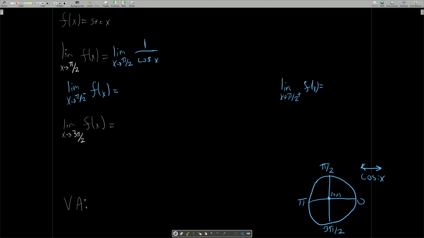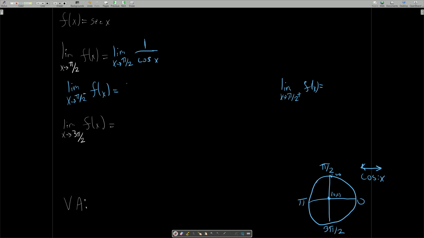So if you're approaching pi over 2 from the left, you'd have a number really close to here. This is 0 to pi over 2. It's going to be like this. You have a value slightly greater than 0. But it's approaching 0, but it's still greater.